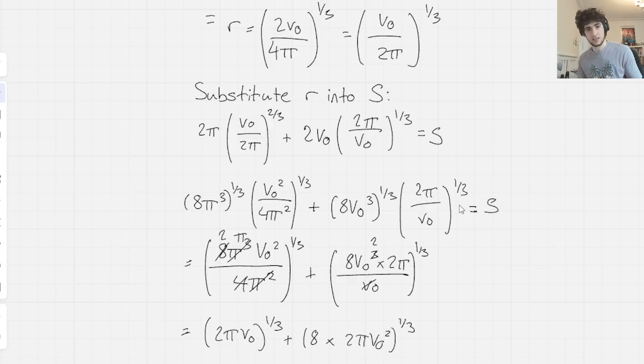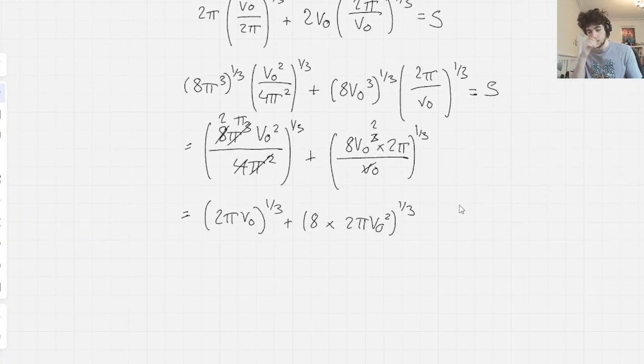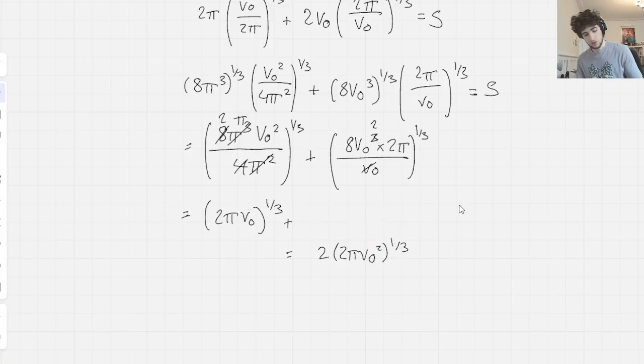Obviously, I've written it like this because then we can write that as 8 to the power of a third times 2 pi v naught squared to the power of a third. And 8 to the power of a third is just 2, so I can write this entire thing as 2 lots of 2 pi v naught squared to the power of a third. So let's just do that. So that's just equal to 2 times 2 pi v naught squared all to the power of a third, right?